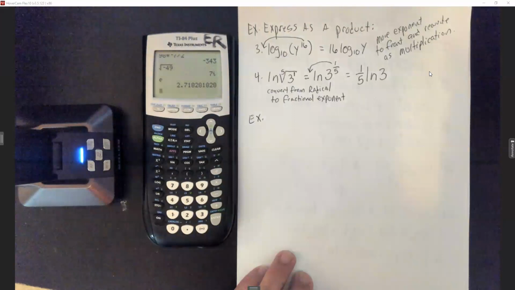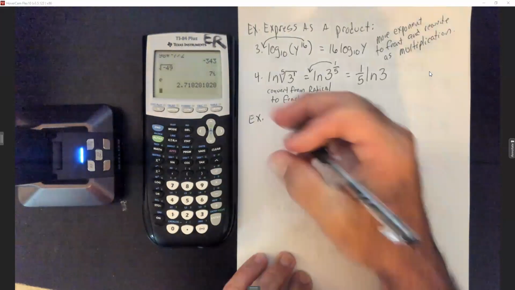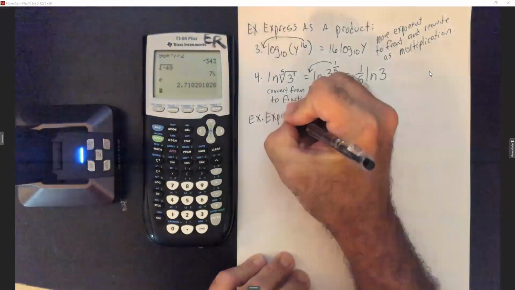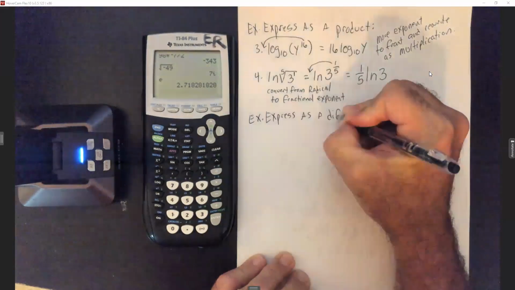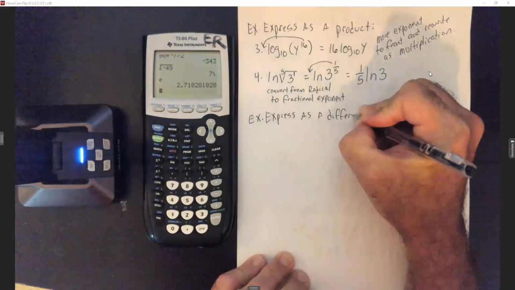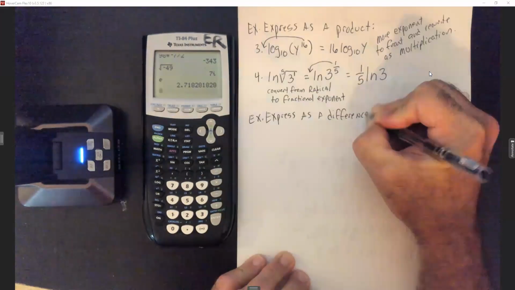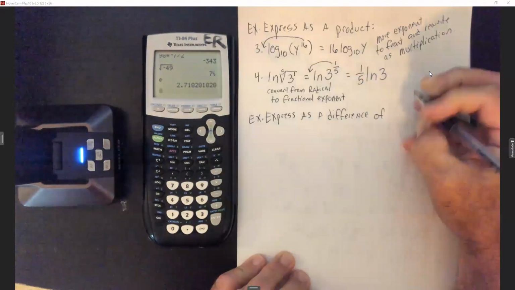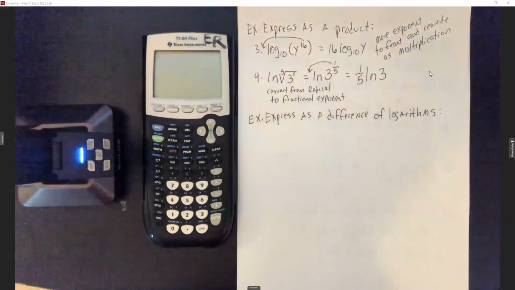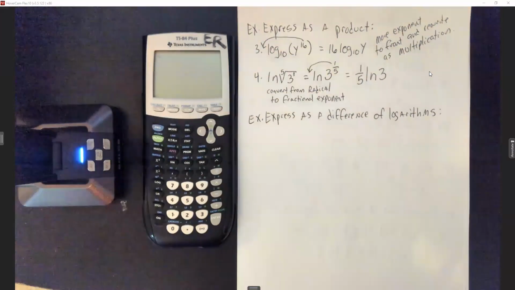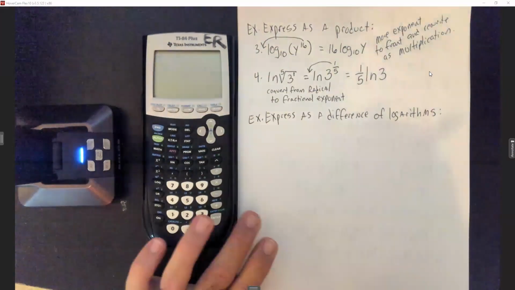Expressed as a difference of logs. So if I'm going to express them as a difference, when they start, they're going to have stuff looking like it's being divided.